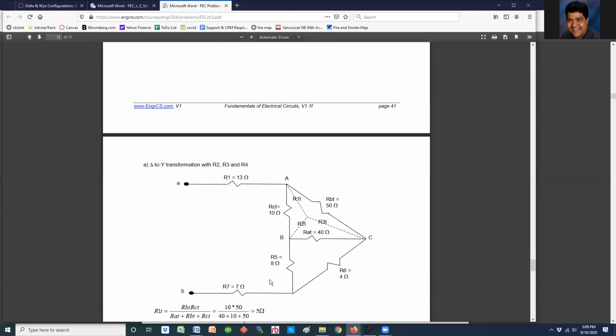So here the goal, instead of doing what I did, which was turn this T into a delta, is that they took this delta and turned it into a T, or Y, whatever you want to call it. You see that? Let me use a different color so you can see it on top of each other.